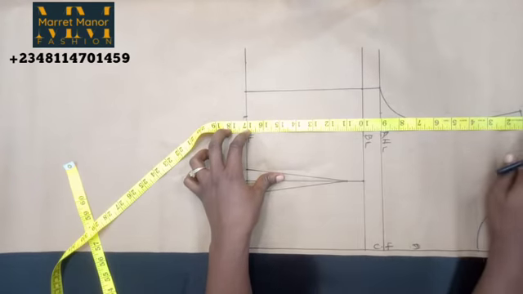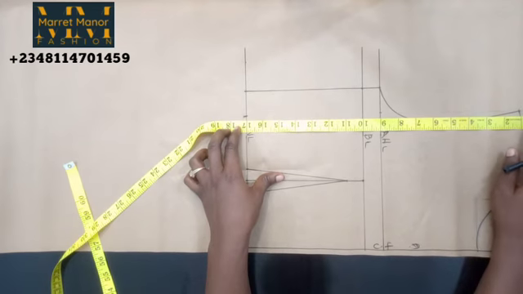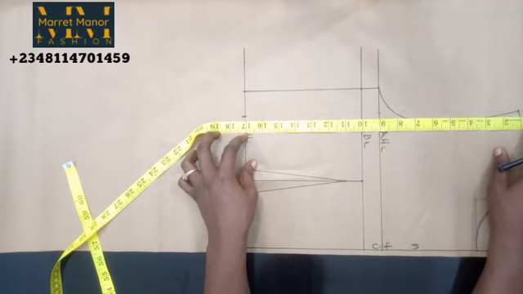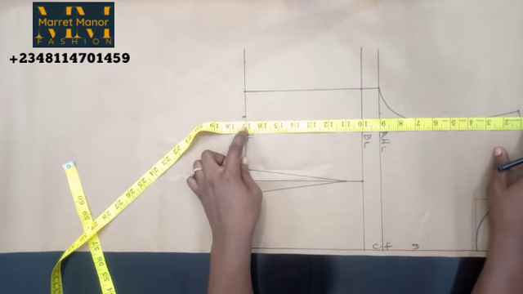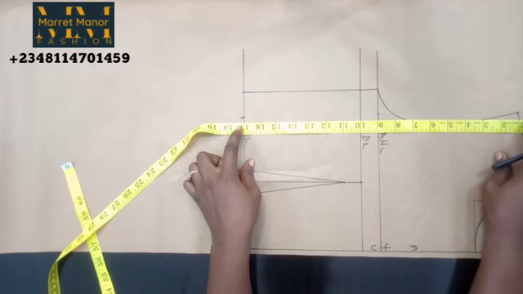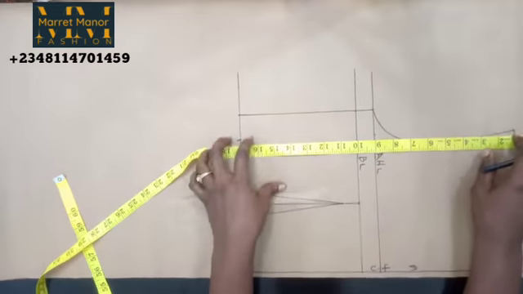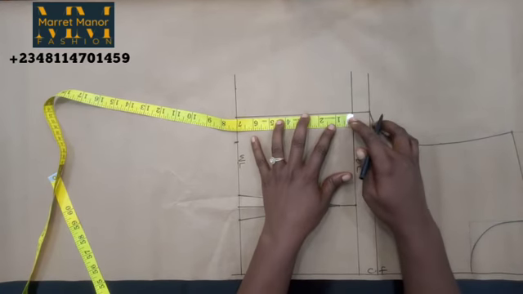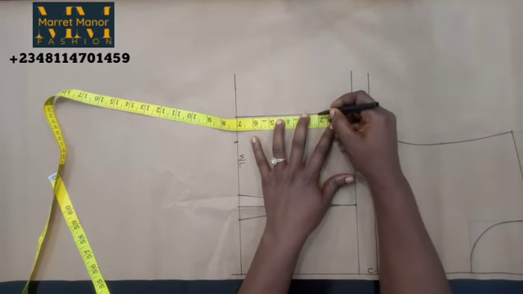For me, I have a difference of 2 inches, because my front measurement, shoulder to waistline, is 17 inches, and that of the back is 15 inches. 17 inches minus 15 inches will give you 2 inches. So I'm going to come down by 2 inches.